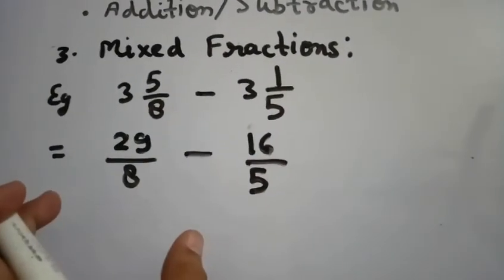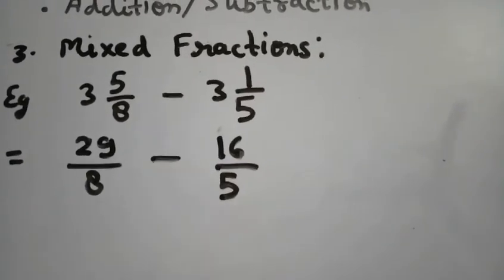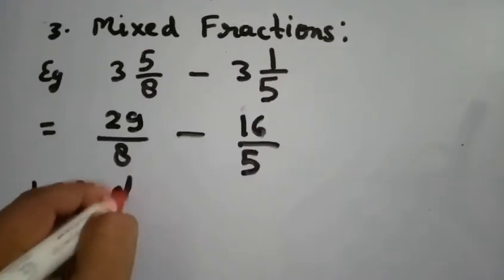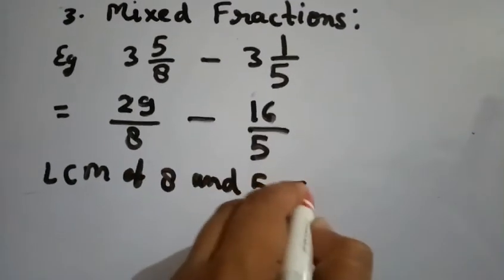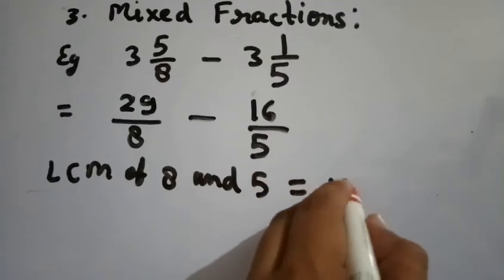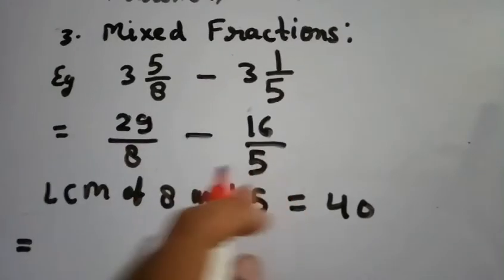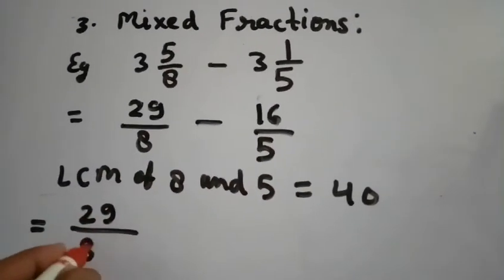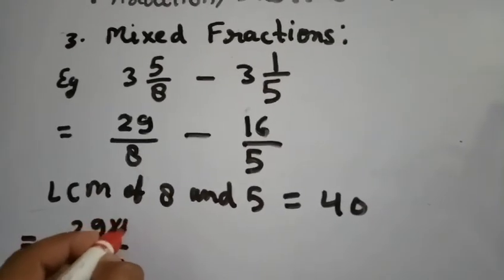Now start the rule of unlike fractions. LCM of 8 and 5 is equal to 40. Now convert unlike fractions into like fractions. 29 upon 8 is multiplied with 5 to become 40.